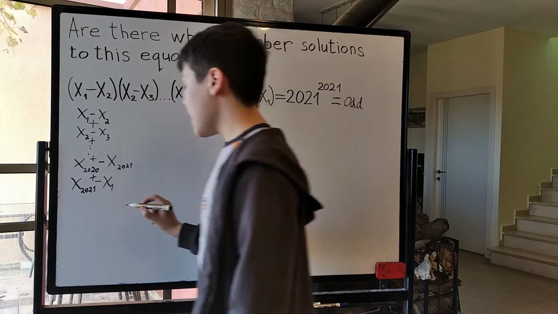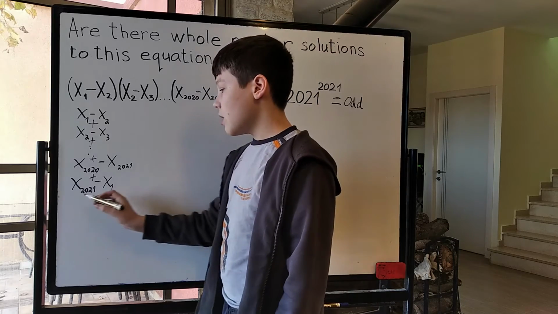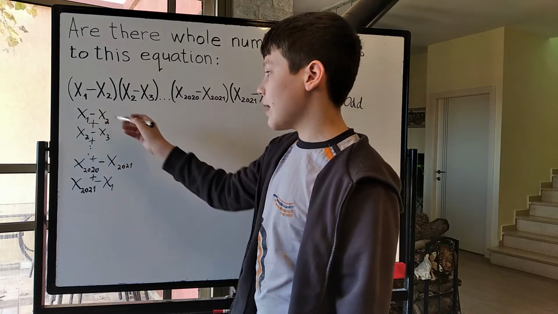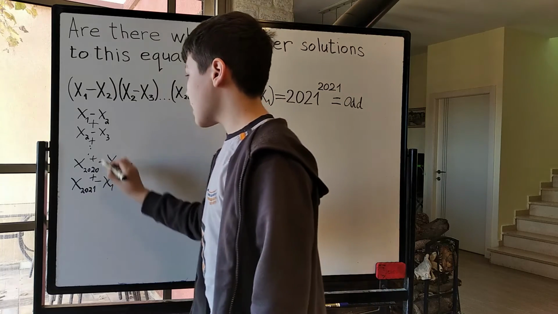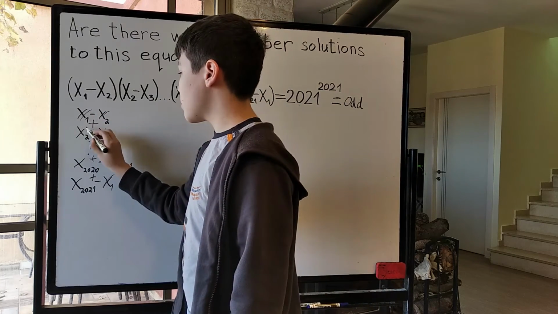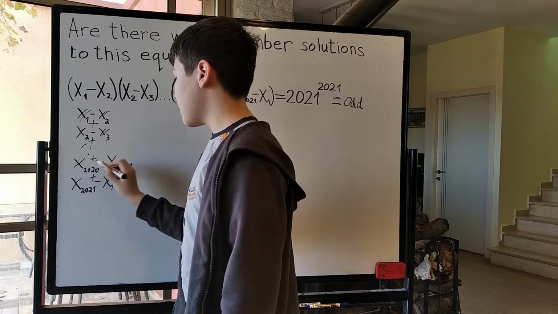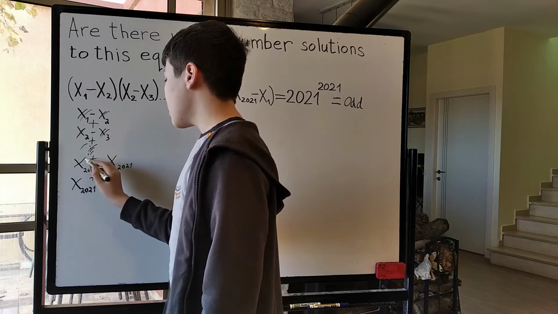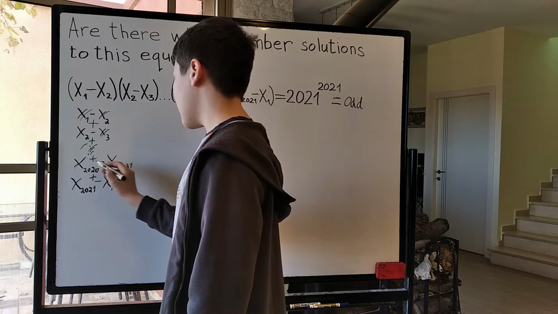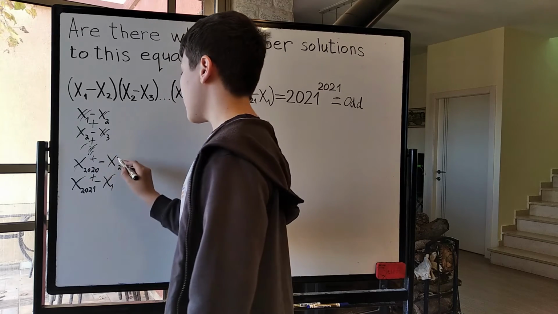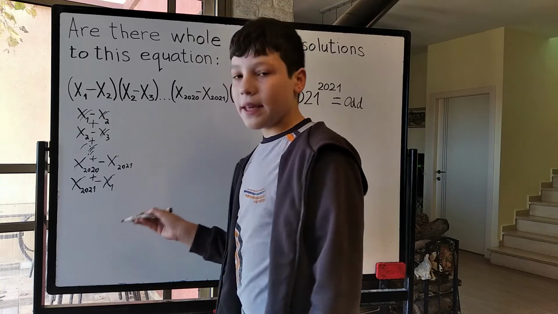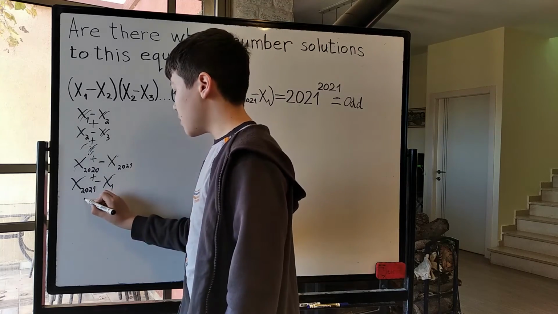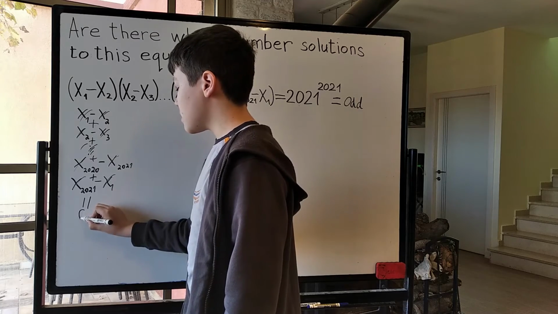And when we get to the end, we also have the negative versions of x2021 and x1 that we had already at the start. So this cancels with this, this cancels with this, so on and so on. So everything cancels, meaning that when we add all of those up, we get 0.